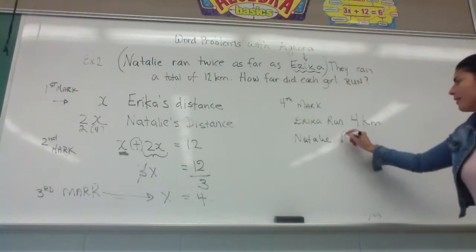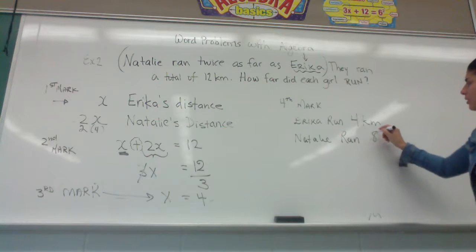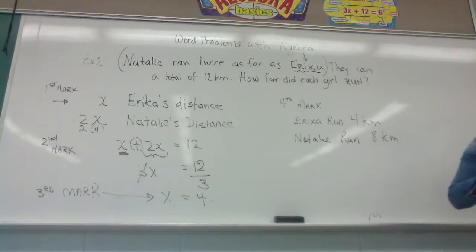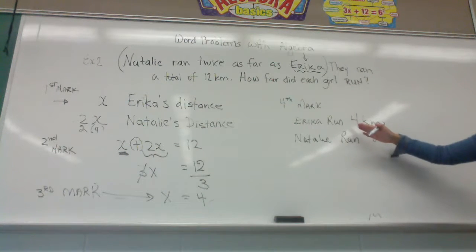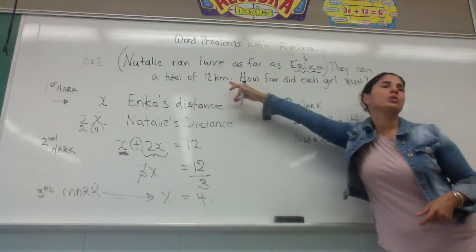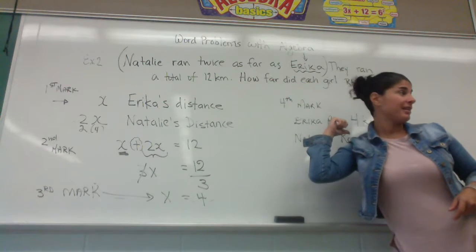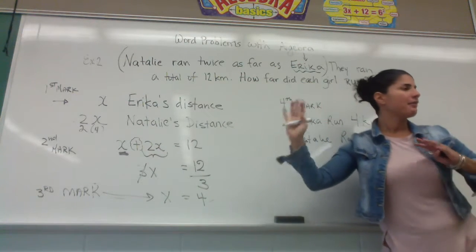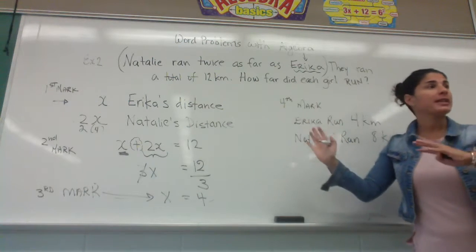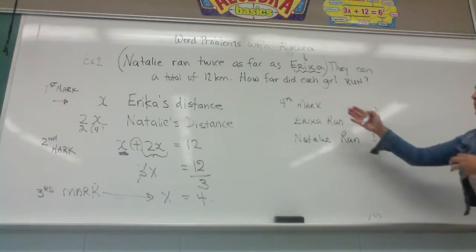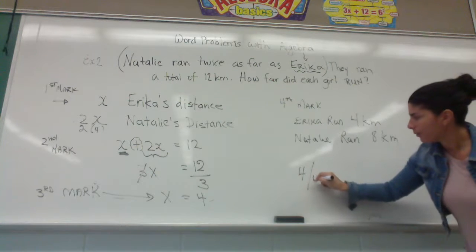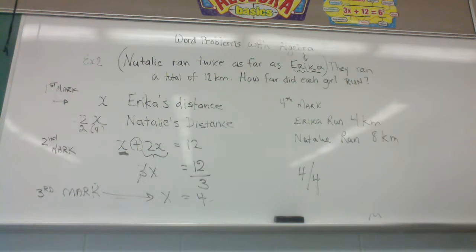So Natalie ran 8 kilometers. I'm just going to check, because I want to get 4 on 4. Well, 4 plus 8 is 12. I got 12. Double of 4 is 8. Everything looks right. My final answer gives me my 4 on 4. Love it.